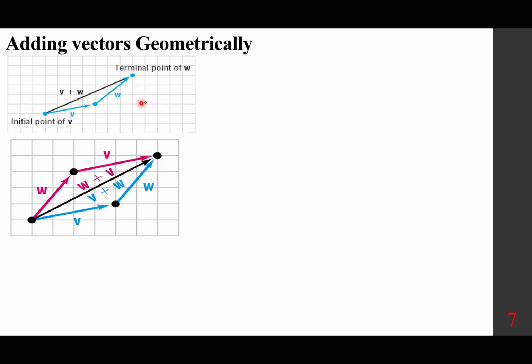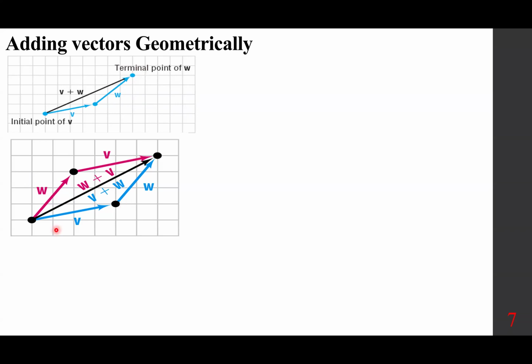You have two vectors. The terminal point for V and the initial point for W are connected. And now from the initial point of V to the terminal point of W. And order is not important.